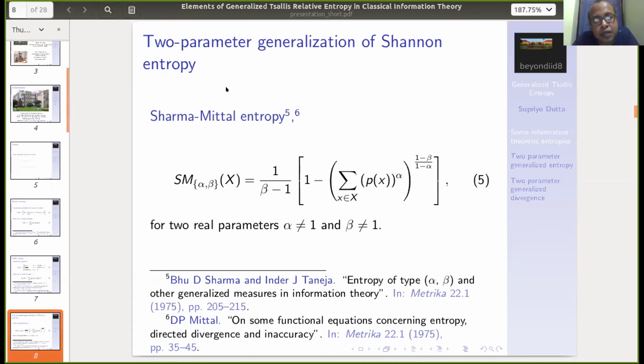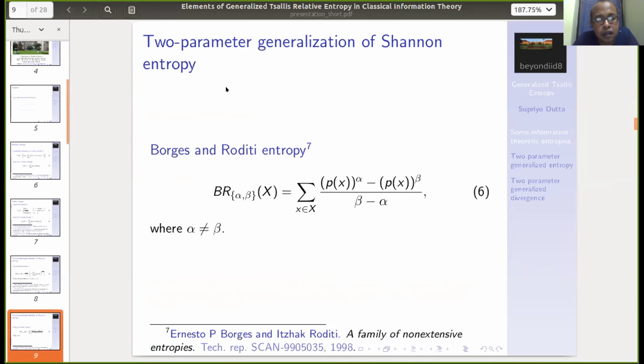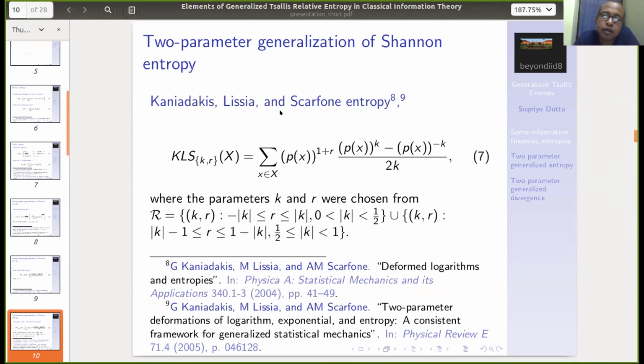Similarly, there are attempts to generalize the Shannon entropy with two parameters, such as the Sharma-Mittal entropy, Borges-Daroczy entropy, and Schwammle-Tsallis entropy.